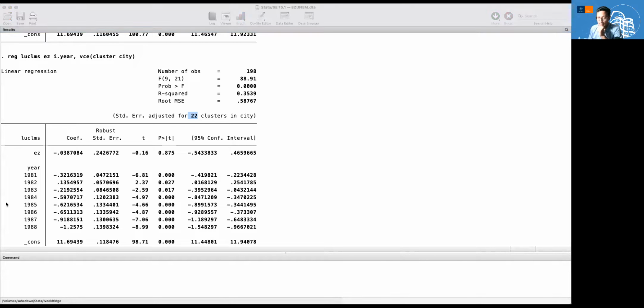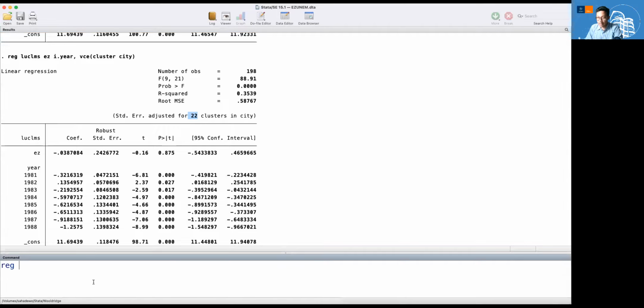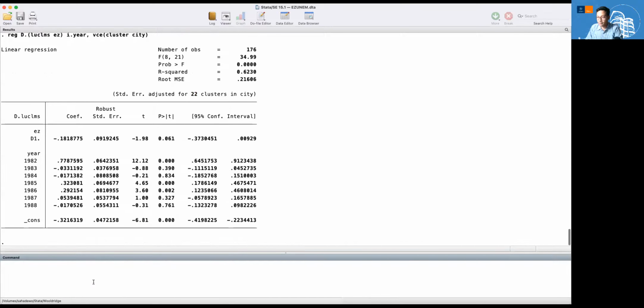Now let's do the first differencing method. So basically it's the log of the unemployment claims and then the enterprise zone, and I'm going to include the dummies. And then I can use the vce cluster option with the city identifier.